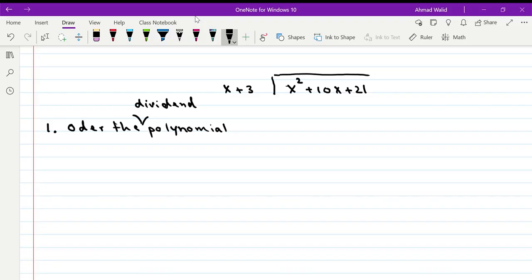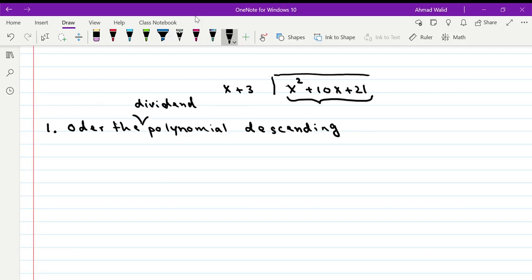Always order. Which order? Usually it's better to order in descending order. Of course, you know what descending order is. If not, I'll discuss it here for you. Always order this polynomial in descending order. You can order it also in ascending order, but usually we prefer descending.